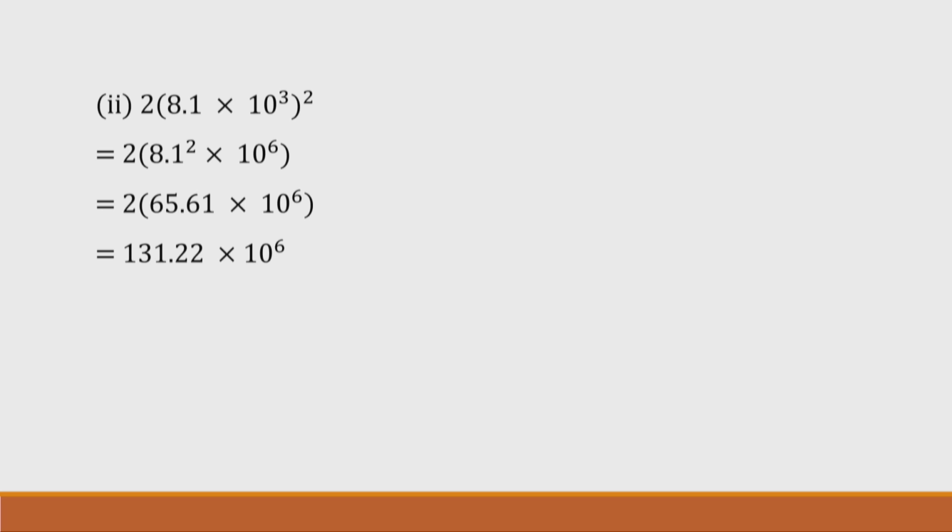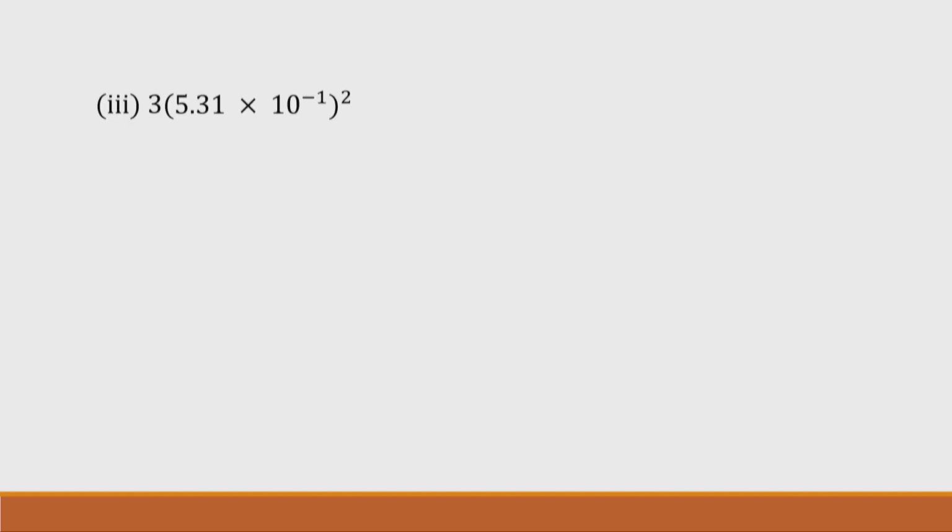So I have to simplify it further. 131.22 can be written as 1.3122 times 10 to the power of 2 times 10 to the power of 6. Then, applying the multiplication law of indices, we get 1.3122 times 10 to the power of 8. And this is in standard form.